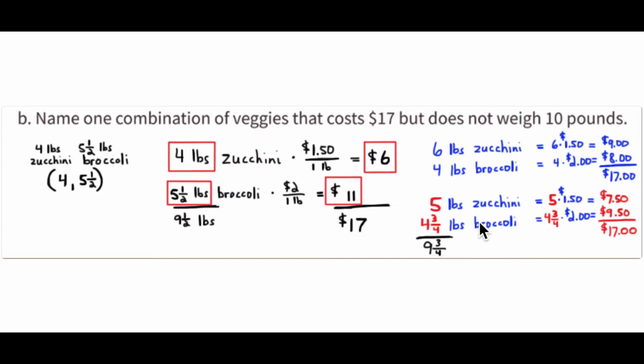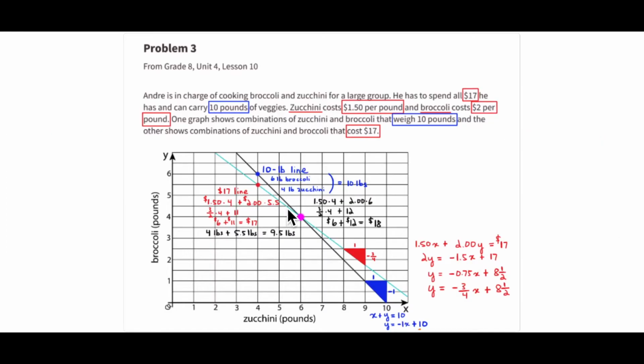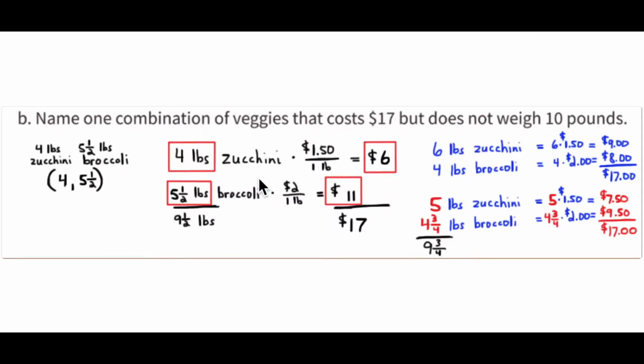But notice that the weight, the pounds, is dropping by 1/4 of a pound each trade of 1 pound of zucchini for 3/4 of a pound of broccoli. So it goes from 10 pounds to 9 3/4 pounds to 9.5 pounds. So on the graph, that's increasing this gap by 1/4 of a pound each time.